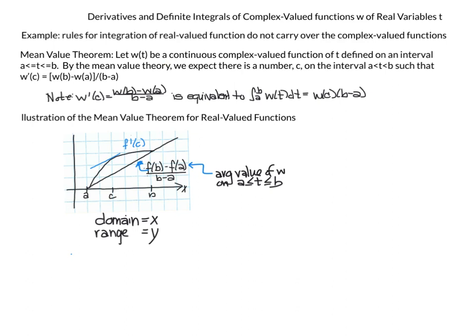The mean value theorem says that in this interval there's going to be some number c where the derivative of f at c is equal to this average value. I'm not sure I picked out the correct c, and I'm not sure the slope is exactly equal, but let's pretend this slope is equal to this slope. That's what the mean value theorem says: you can find some number in the interval such that its derivative is equal to the average value along the whole interval.